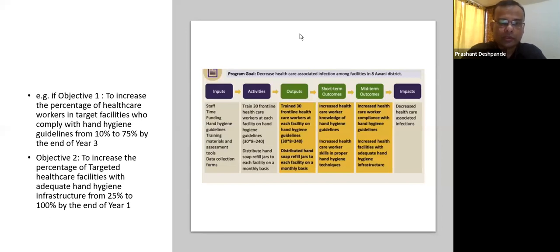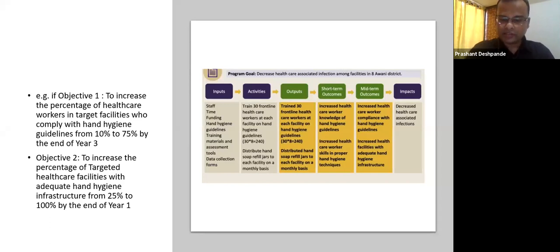So it will go under objective 1. Yes. And the midterm outcomes are increase healthcare worker compliance with hand hygiene guidelines. It will go under 1, and increase health facilities with adequate hand hygiene infrastructure. It will go under 2.